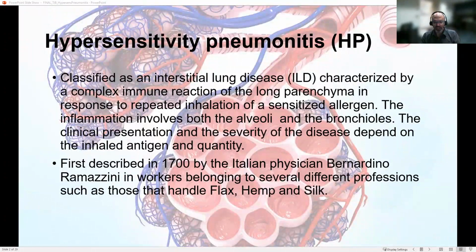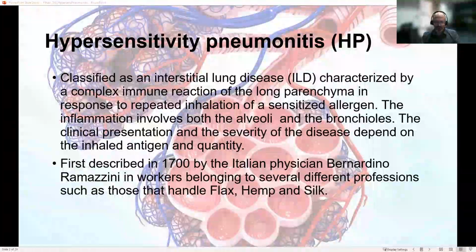The challenge with HP is that there are over 300 antigens, and they try to break them down into low molecular weight antigens and high molecular weight antigens. And the exposures are different. A lot of what we'll talk about has to do with farmers and bird breeders or bird fanciers, because that's where a lot of the studies have been from.